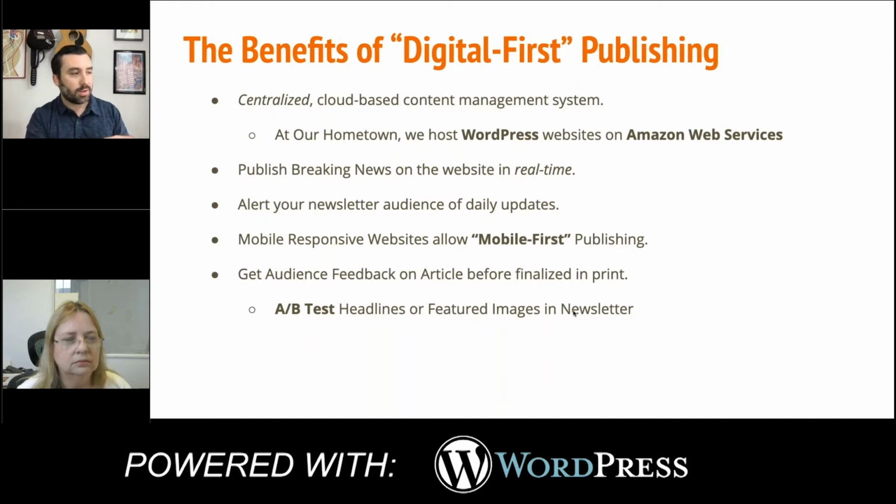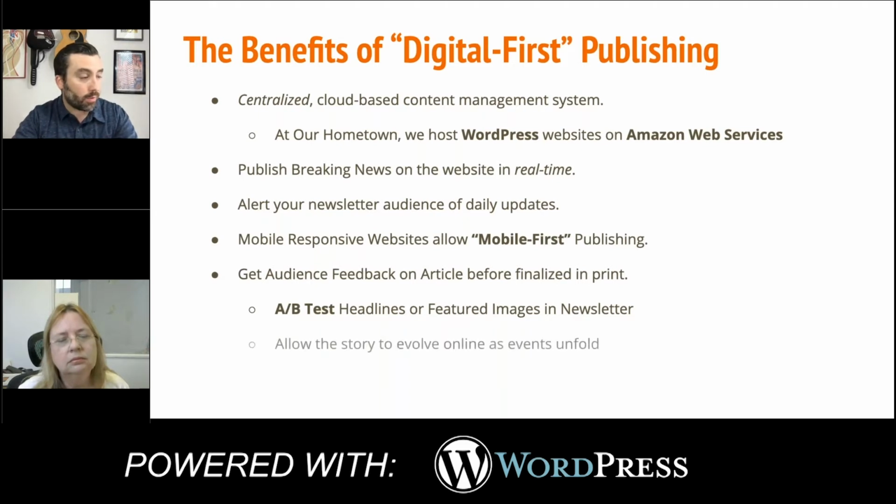But I think the newsletter is really a more scientific test, because you could split your newsletter audience into 2 groups, A and B, and then have different headlines or different featured images on those stories and see which one gets a higher click rate. Just an idea that would be made possible if you're doing everything on the website first.